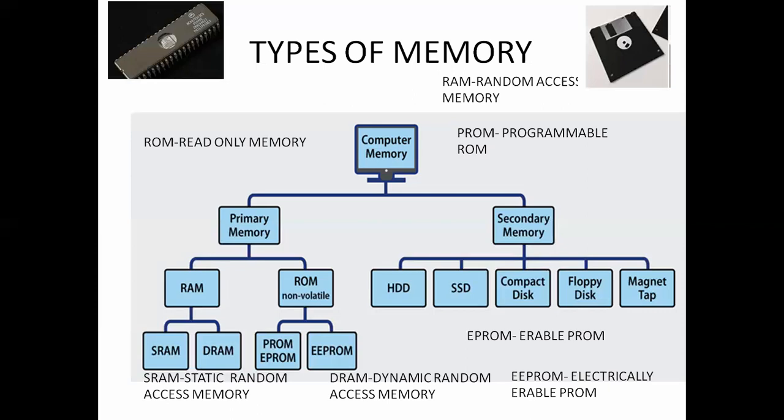While talking about the secondary memory, as I said earlier, secondary memories are permanent storage. These are examples of the secondary memory. HDD means hard disk drive. SSD means solid state drive. CD means compact disk, floppy disk, magnetic tape.